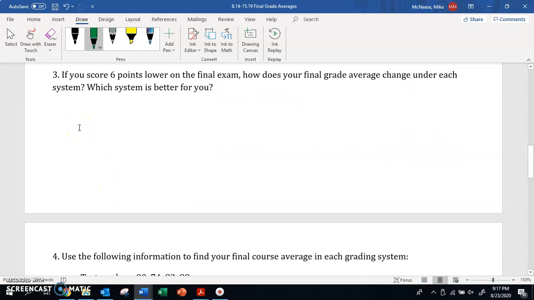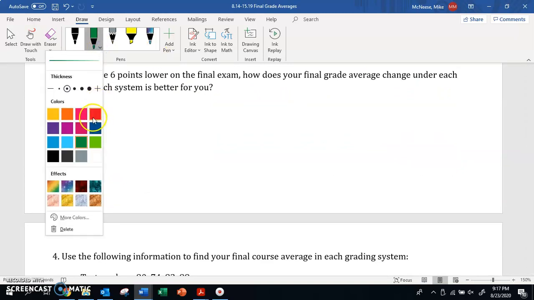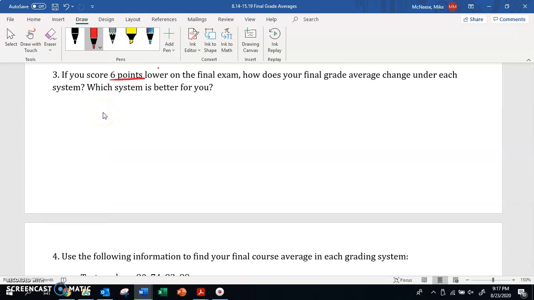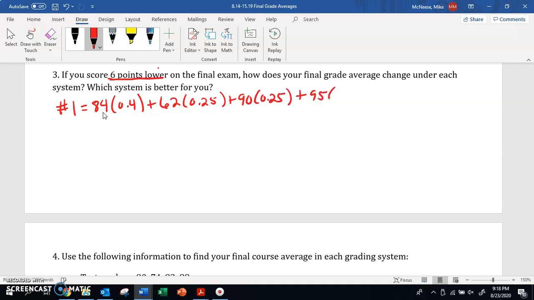It says if you score 6 points lower on the final, so instead of 10 points higher we've got 6 points lower, what would your grades be? Which one would be better, system 1 or 2? In system 1, we have 84 times 0.4 plus 62 times 0.25 plus 90 times 0.25 plus 95 times 0.1, and you should get 81.1.